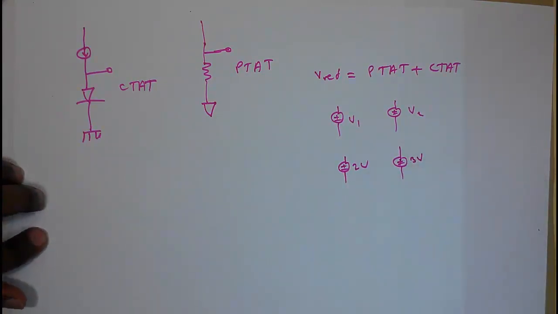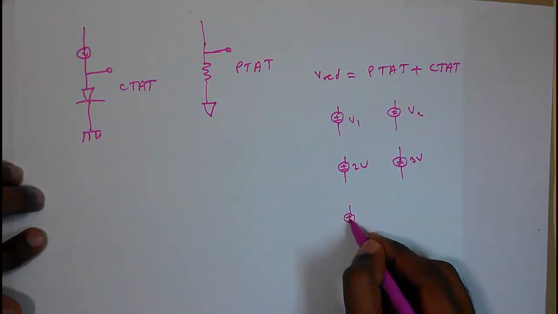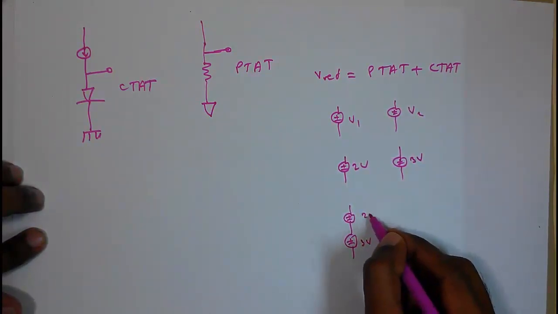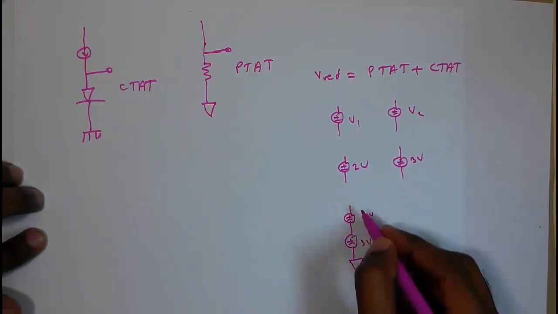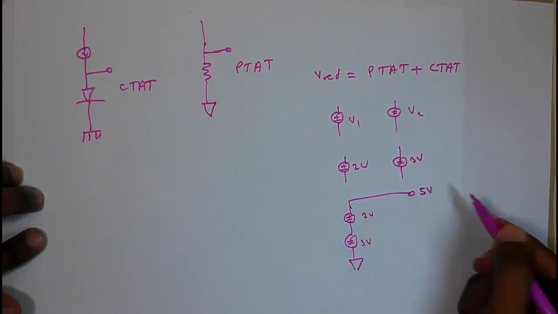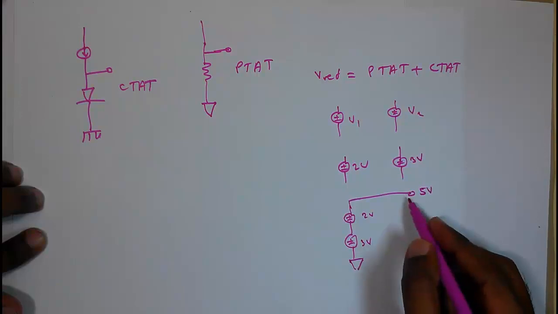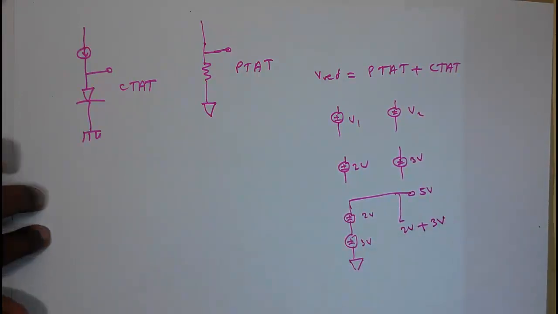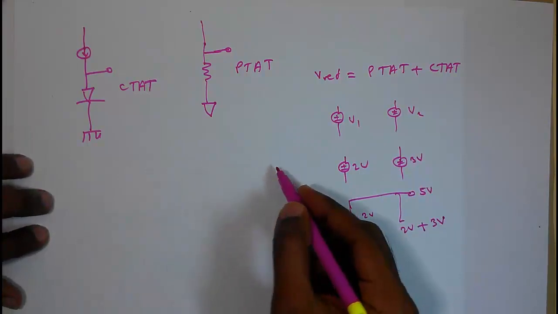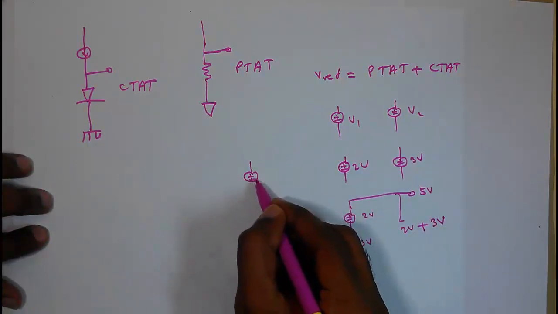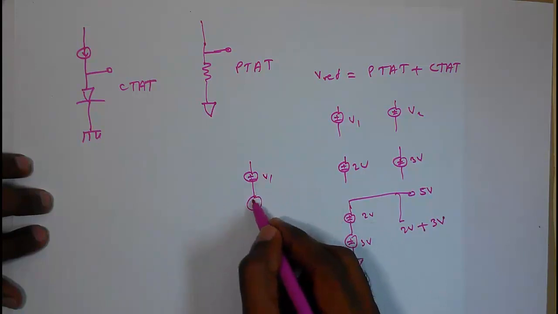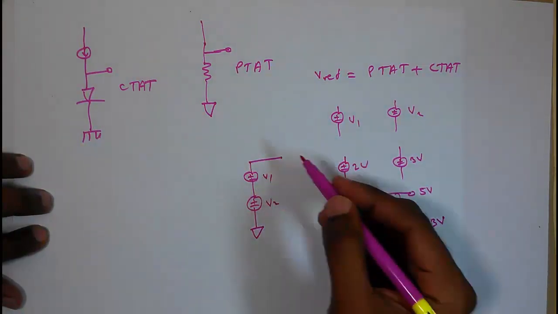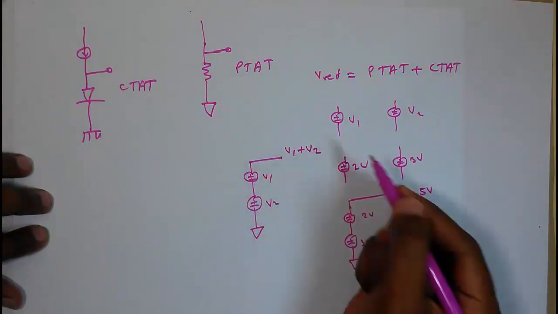How can you make a 5 volt? We can connect them in series. It's a 3 volt and a 2 volt to get a 5 volt output here. So this node is equal to 2 volt plus 3 volt. So if we connect two voltage sources in series, that is V1 and V2, then we can easily get V1 plus V2.